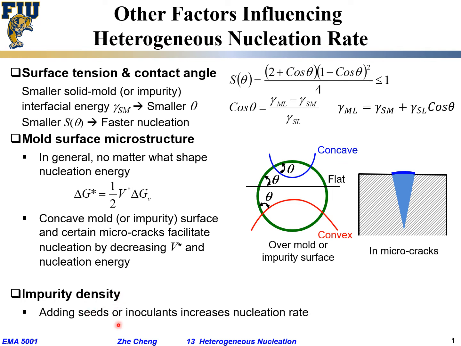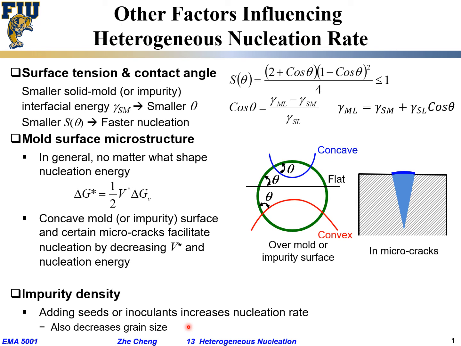So adding seeds or so-called inoculants, or introducing more cracks, would increase the nucleation rate. And when we have a higher nucleation rate, another consequence is more nuclei. Each of the nuclei can grow to a smaller size. In the end, we would have a smaller grain size.